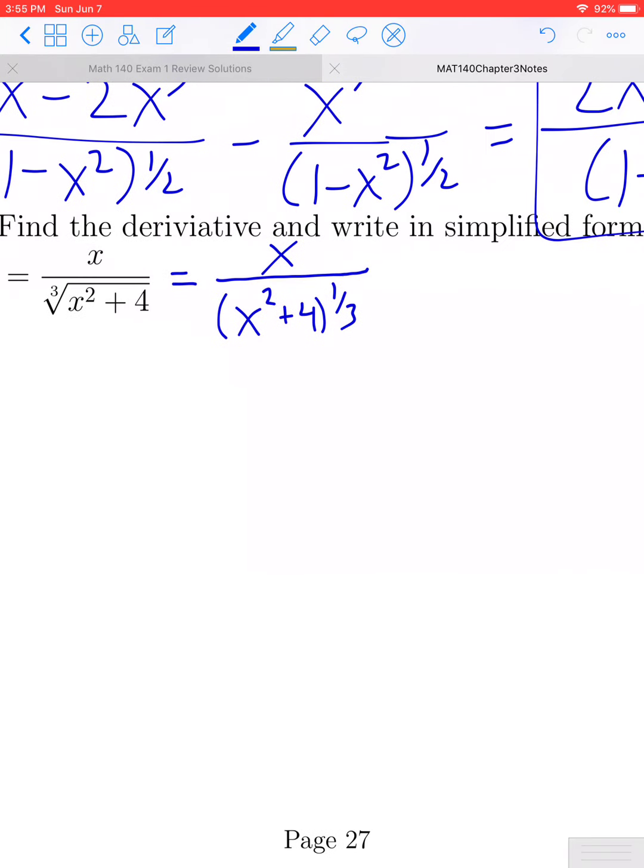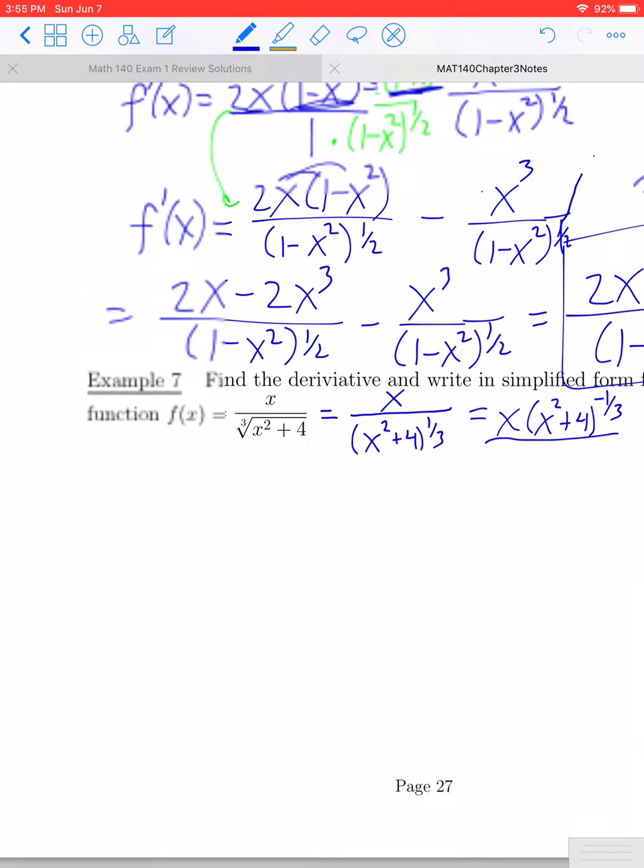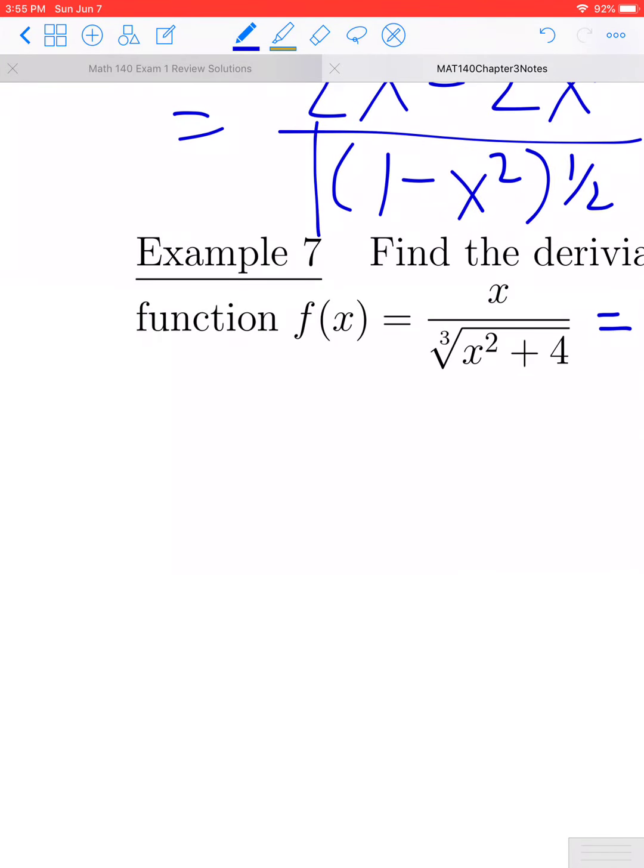And then to avoid a quotient rule, which would be a little bit nasty with its denominator, we can rewrite it one step further. Instead of doing a quotient, let's think of it as the product of x with x squared plus 4 to the negative 1/3 power. And now we'll apply our derivative rules to the function f, expressed like this.